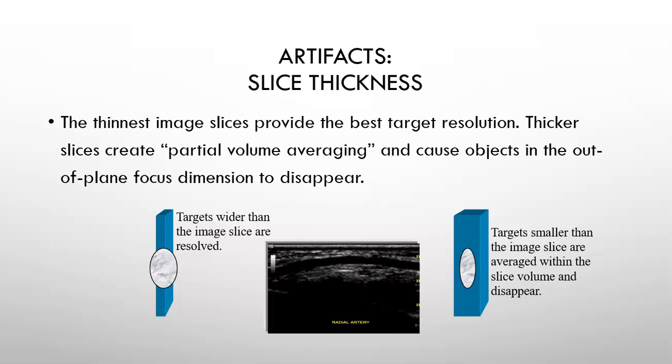So slice thickness artifacts: when we have very thin beams as seen on the left here, a structure within that beam is shown wholly as itself. When we have a thicker beam and a target is smaller than our beam, then the beam incorporates not only the target but tissue in front of and behind the target, and so these can cause objects to kind of disappear.